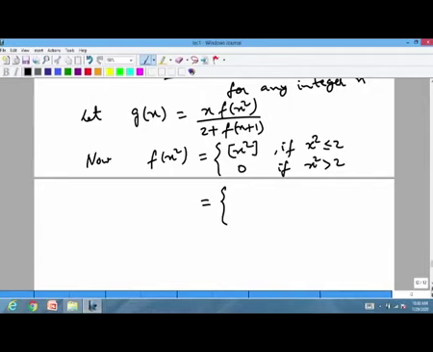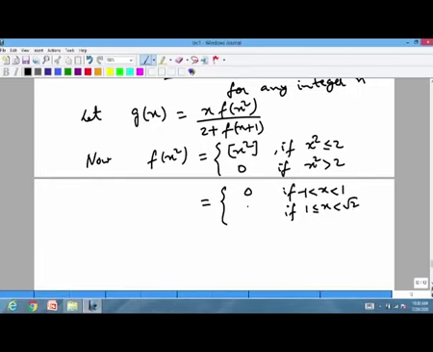Now, greatest integer of x square will be equal to 0 if x is between minus 1 to 1, because in this case x square will be strictly less than 1. So, greatest integer will be 0. And if x is greater than or equal to 1 and strictly less than root 2, then x square is greater than or equal to 1 and strictly less than 2.